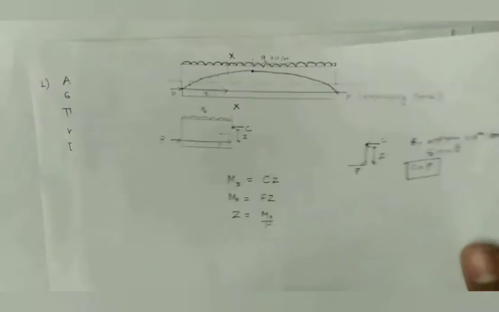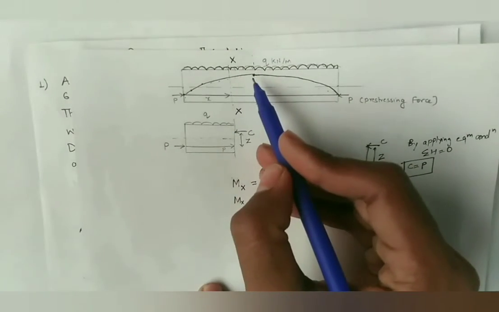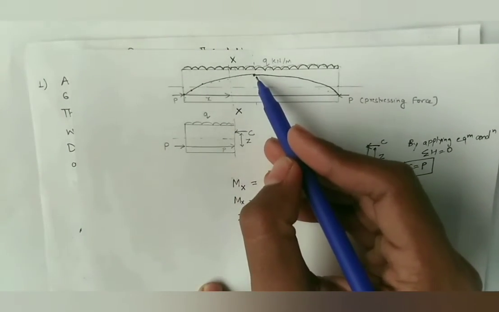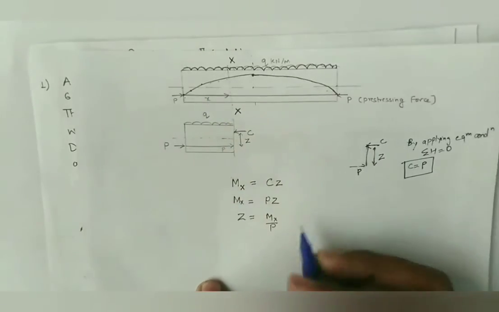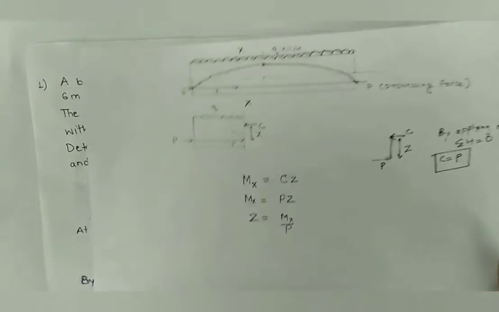I have also stated in an earlier video that the external moment is counterbalanced by the couple inside the section, which is the P force and C, generating an internal couple which will resist the external moment. So Mx is equal to C into Z. We can also calculate directly.